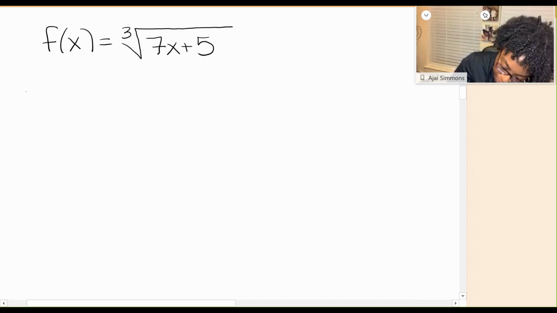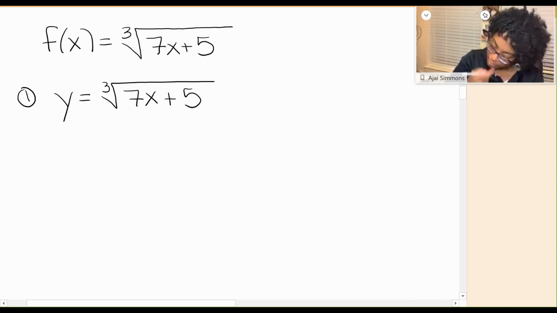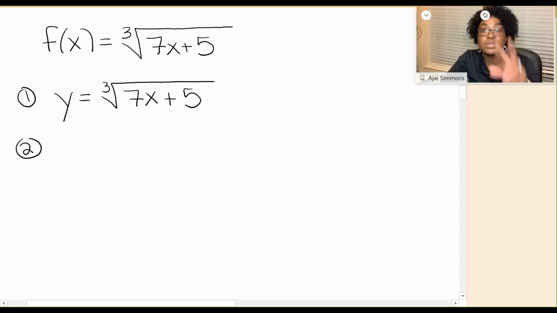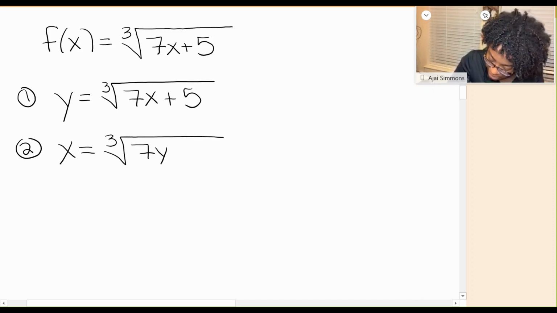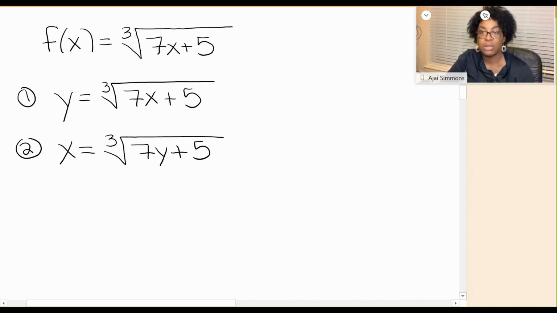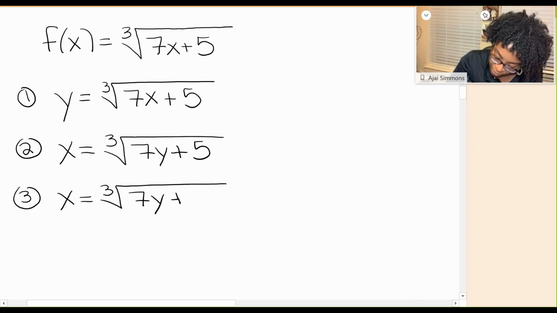So step 1, I have to replace my f of x with a y. Step 2 is to switch the x and y. So wherever I see y, I put an x. Wherever I see x, I put a y. And I get this. Now, step 3, I have to find some kind of way to get y by itself.